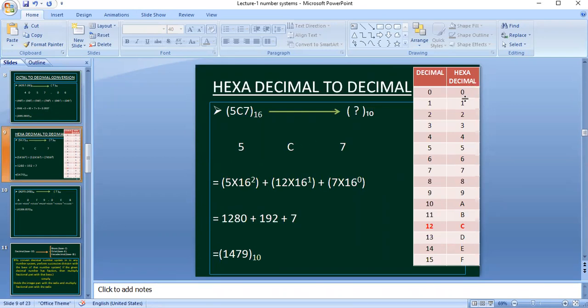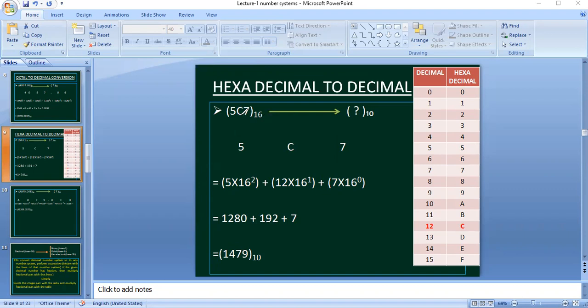See here, 0 to 9 are numbers and A to F are alphabets. Here the given hexadecimal number is 5C7 base 16. So you have to convert the given hexadecimal number into decimal.